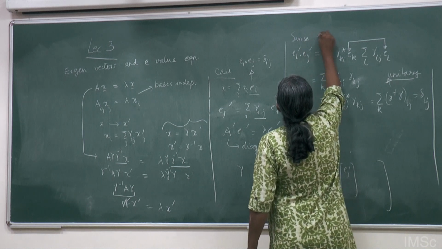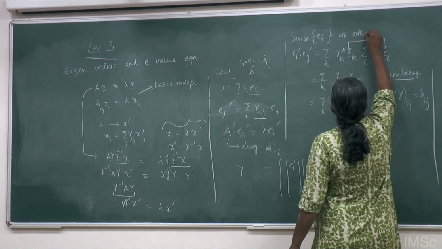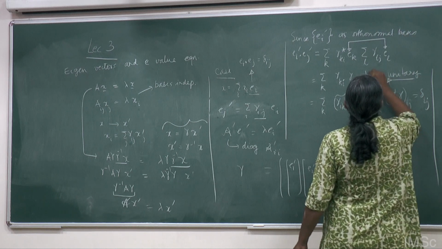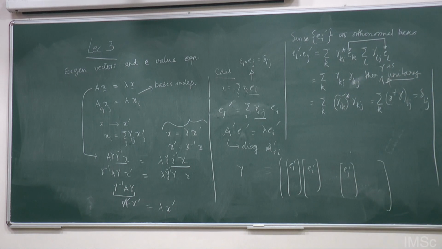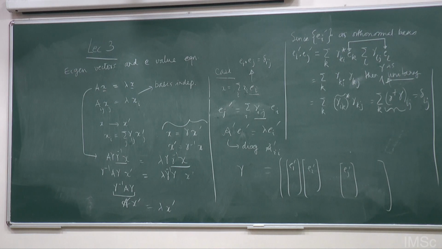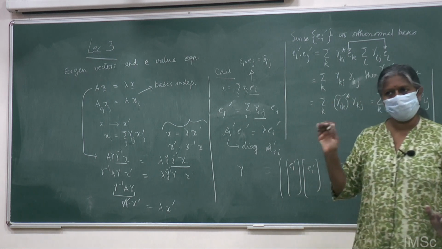Since I can construct E primes as an orthonormal basis, then gamma is, I would like to put it this way: if I assume that Ei dot Ej prime is delta ij, then immediately it gives me that gamma is unitary. So I would like to think of it like this, because we have already shown that the norm can always be made unit, and I can always make the basis set spanning the space orthogonal to each other.